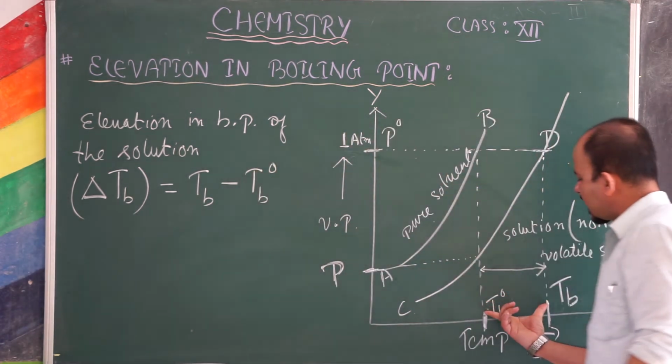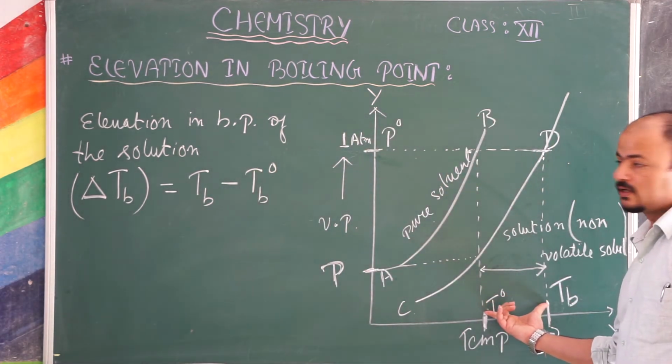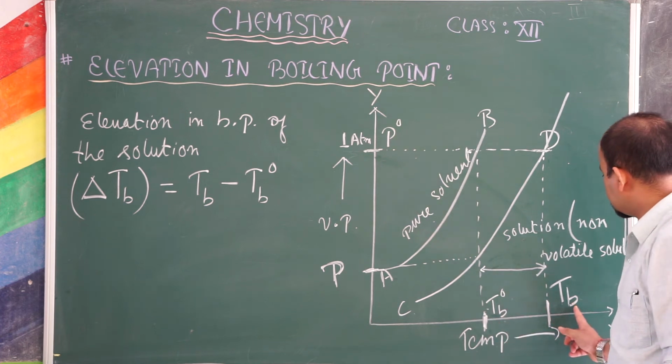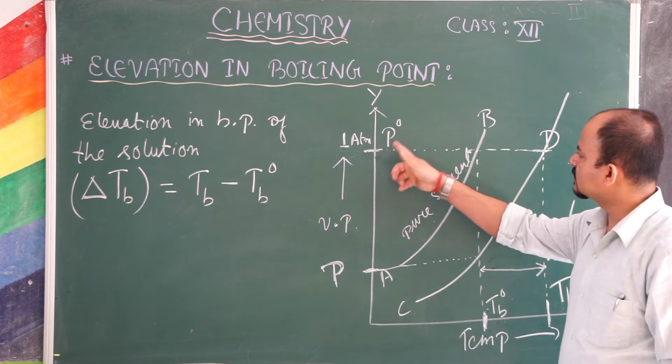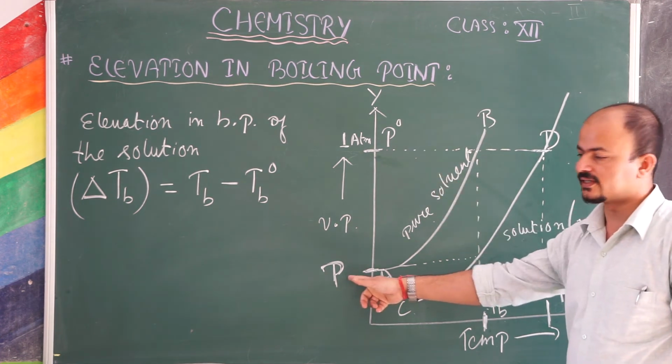This is the elevation in boiling point. Yes or no? Now, this TB minus TB naught corresponds to what pressure? P naught minus P. Can you see that?